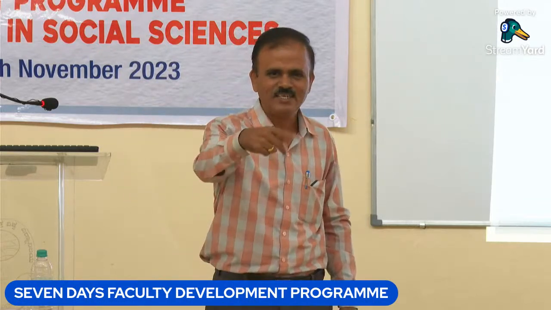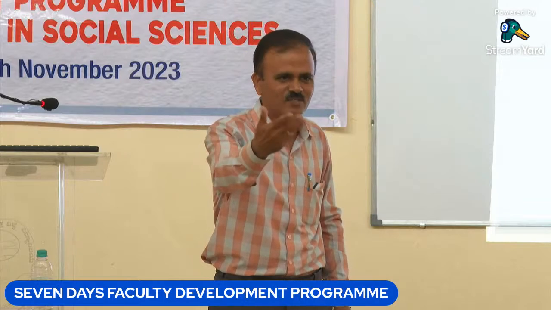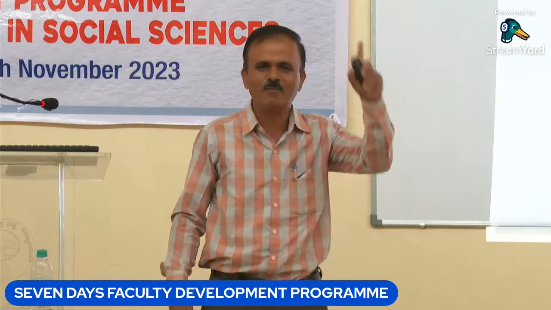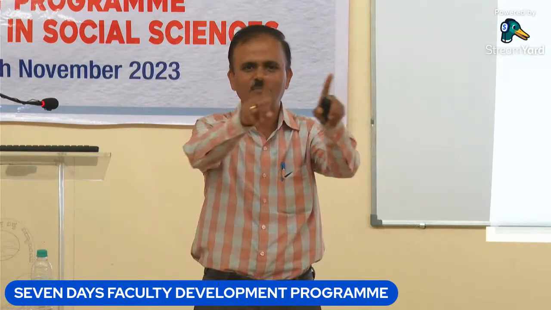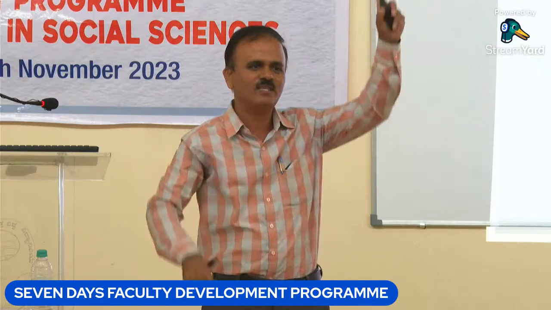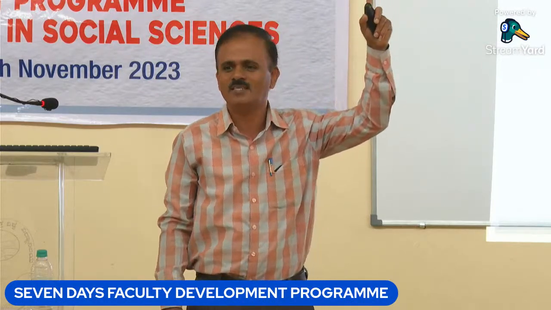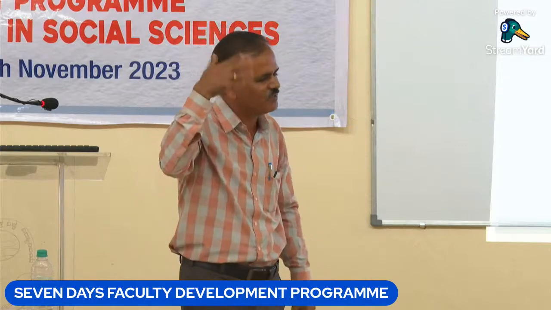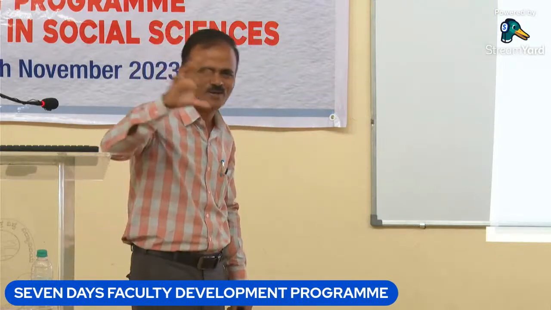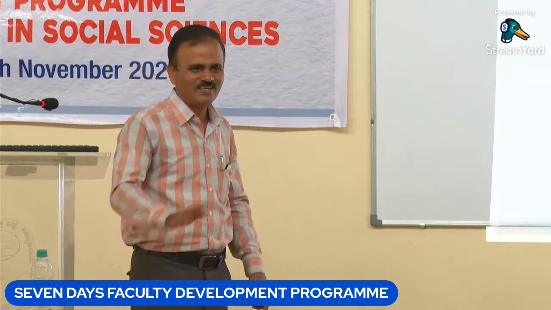Estimation is obtaining the numerical results for your sample values, and hypothesis testing is comparing your sample results with unknown population results. That's why, without knowledge of statistics, our knowledge of research is not complete.